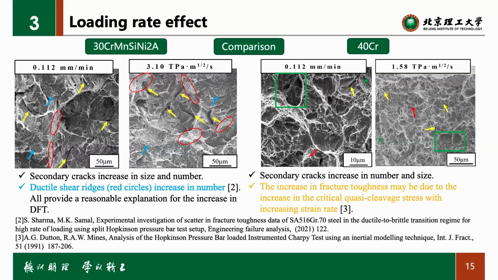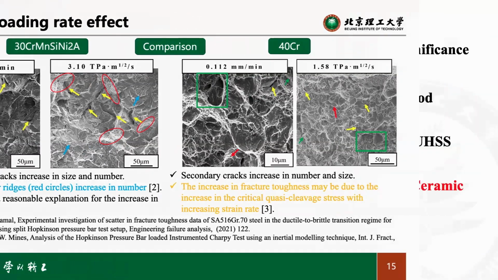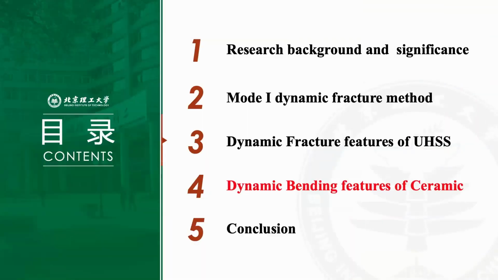Moreover, the shear ridges increase in number, which provides a reasonable explanation for the increase in fracture toughness. And for 14CR, it is the same as 13CR, just like the secondary crack. And the increase in fracture toughness may be due to the increase in the critical quasi-cleavage stress with the strain rate. So that's the dynamic fracture features.